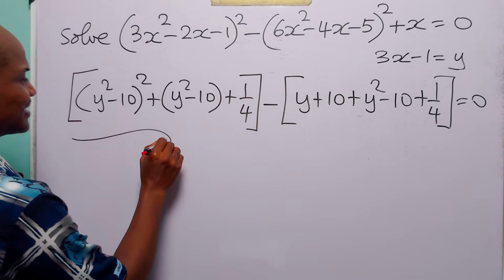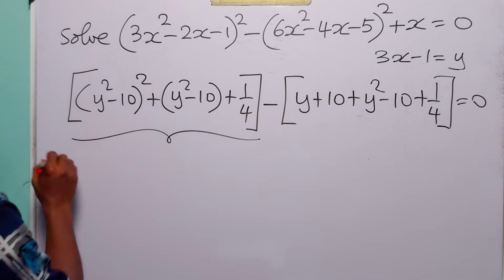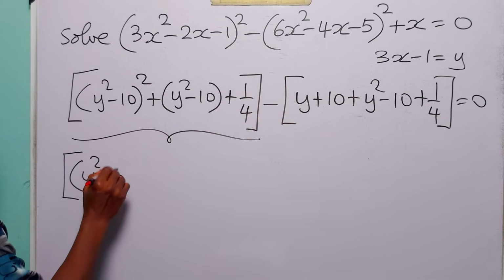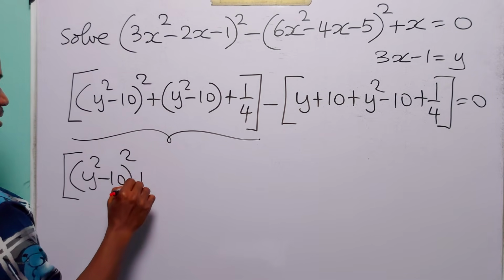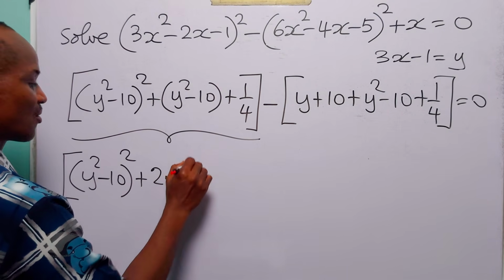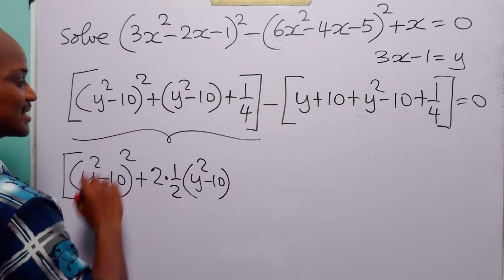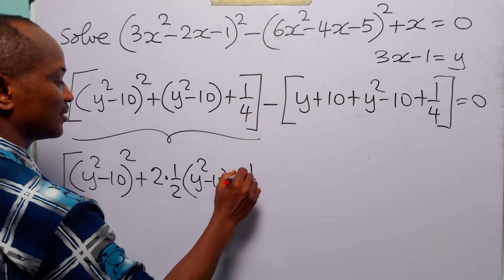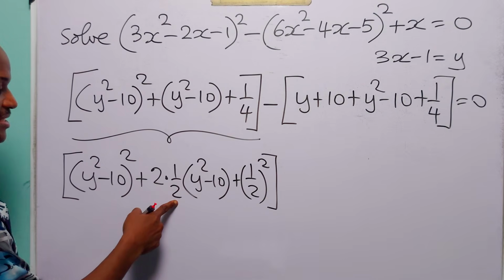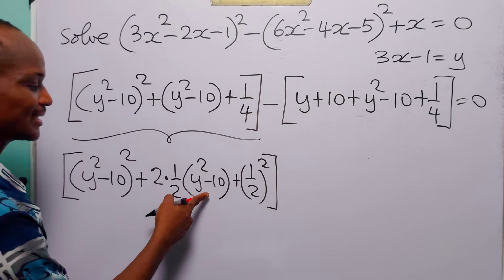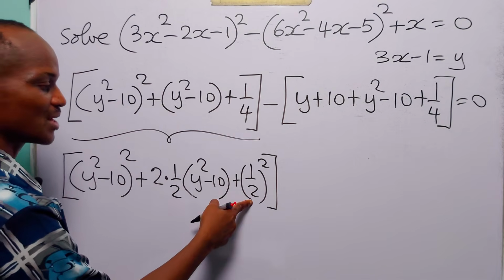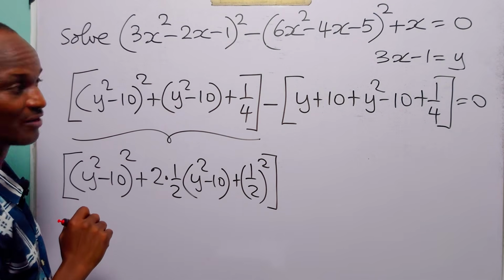Now notice that we can write this first bracket as y squared minus 10 squared plus 2 times half times y squared minus 10 plus 1 over 2 squared. Of course, you know that 2 times half is equal to 1, and 1 times y squared minus 10 is going to give us exactly this. And of course, you know that half squared is equal to 1 over 4.